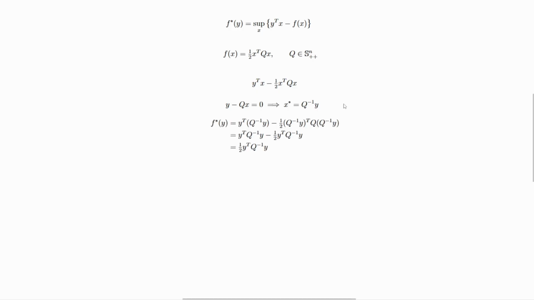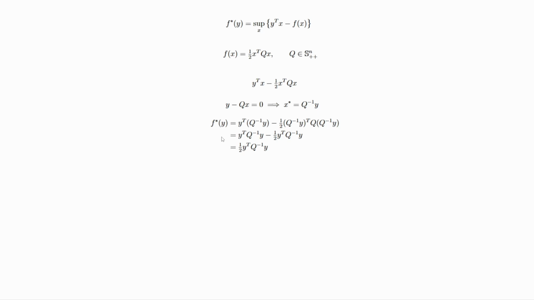Now we simply plug this result back into the original expression. Instead of x, we plug in x star, simplify a little bit, and we get the following expression. And there it is: the conjugate of the quadratic with matrix Q is the quadratic with matrix Q inverse.